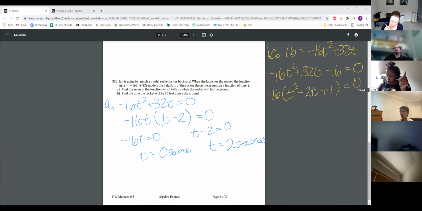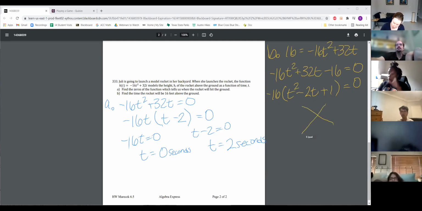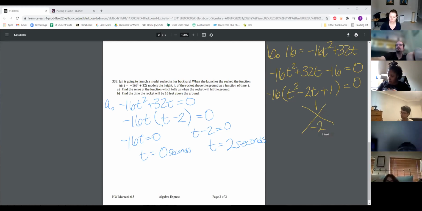Cool. So now we could try our X. You want to try the X? Okay, now we can put it in there. It'll be a 1 at the top and then negative 2 at the bottom, and then that number would be negative 1 and 1, or negative 1 and negative 1.